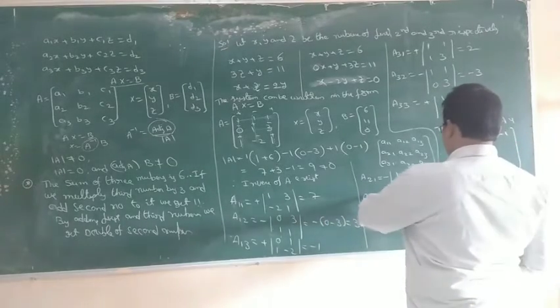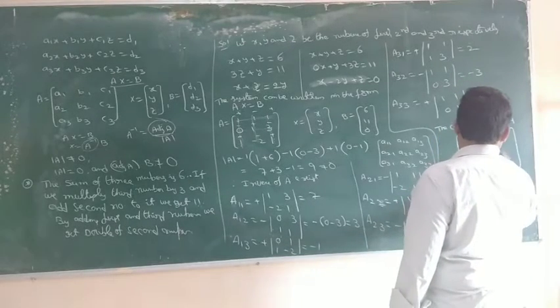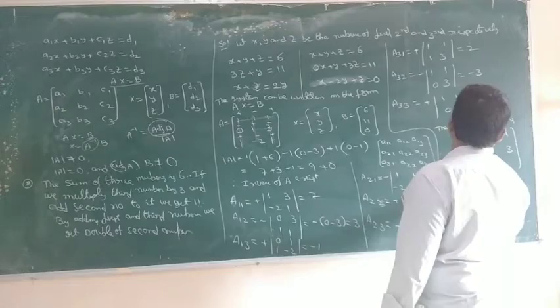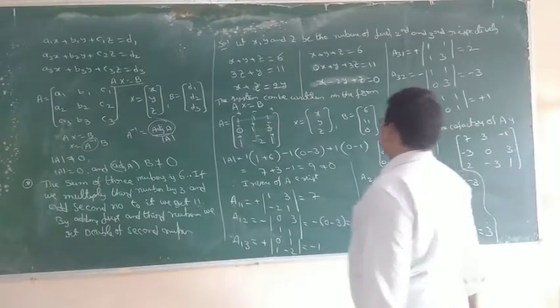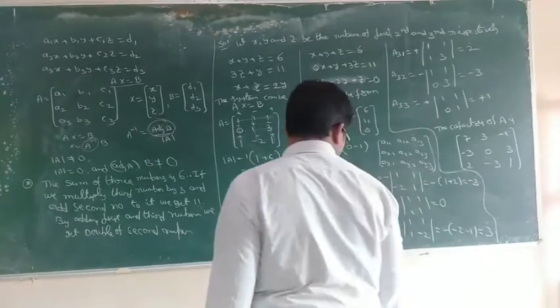Next, the second row, A21 minus 3, 0, 3. Next, 2, minus 3, 1. This is the cofactors matrix.